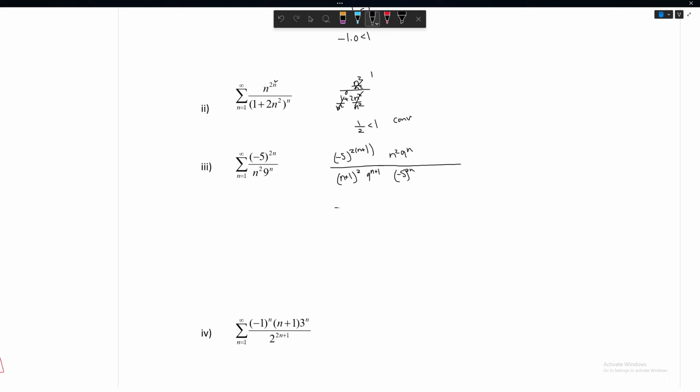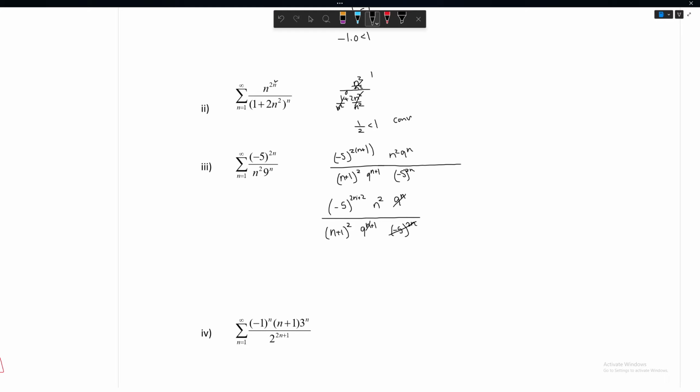What can I do here? Let me rewrite it more clean. This becomes 2n plus 2. And I got n to the 2. All over (n plus 1) squared, 9 to the n plus 1, negative 5, 2n. And so what you can do here, well, this n cancels out with this.